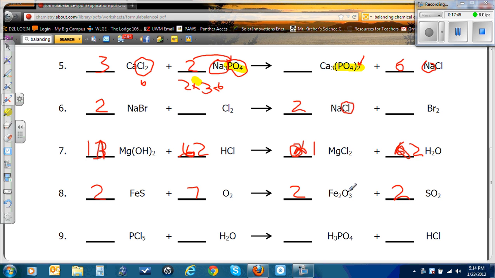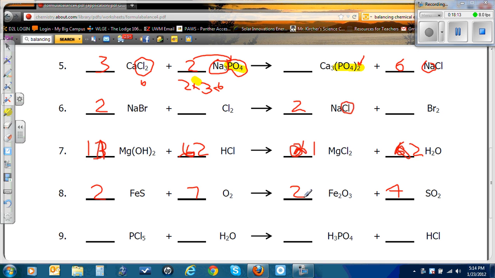Okay, we have 6 here, 6 now, and 4 is 10. We need more, so let's change this. We have 6, how about a 4? All right, we now have 6 oxygen plus 8 oxygen is 14.